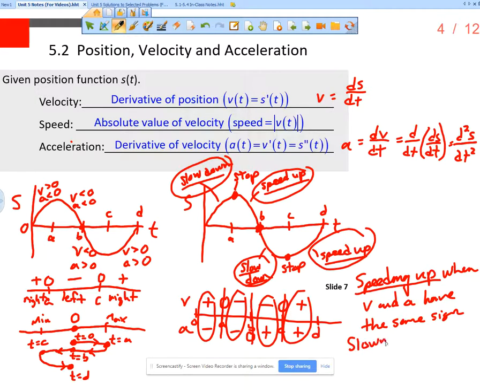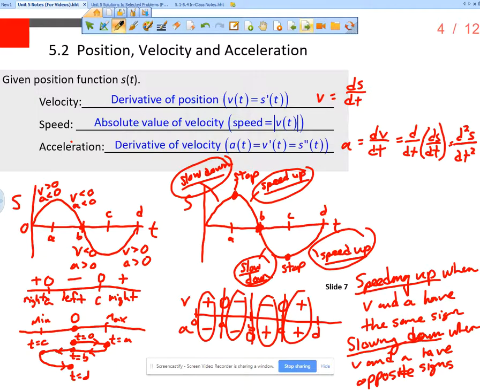Slowing down when V and A have opposite signs. All right, so that is an important generalization that we need to understand. All right, so that's section 5.2, position, velocity, acceleration.